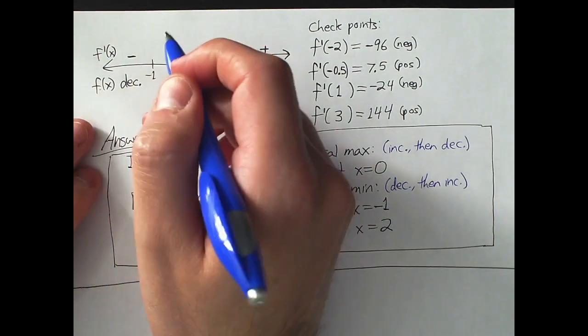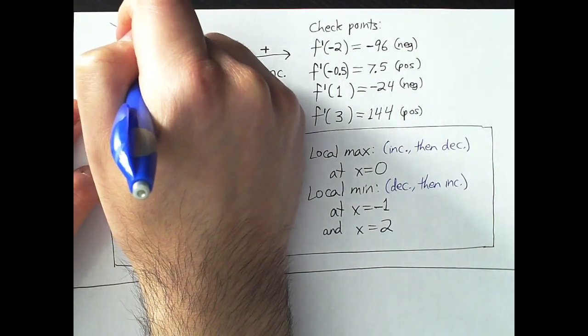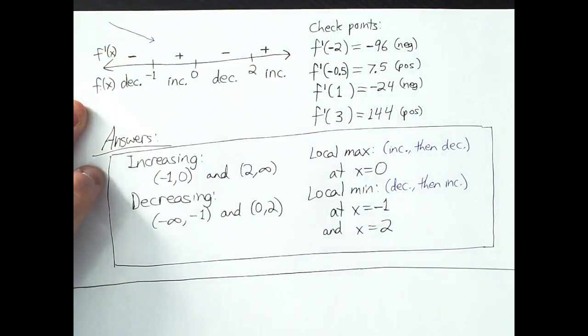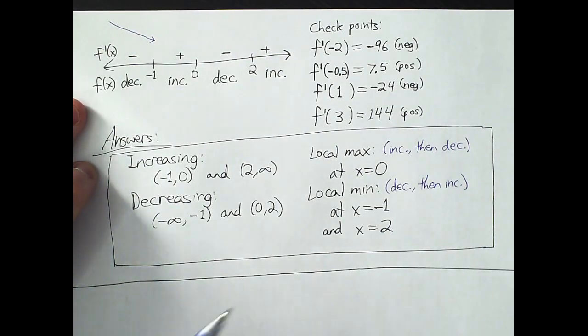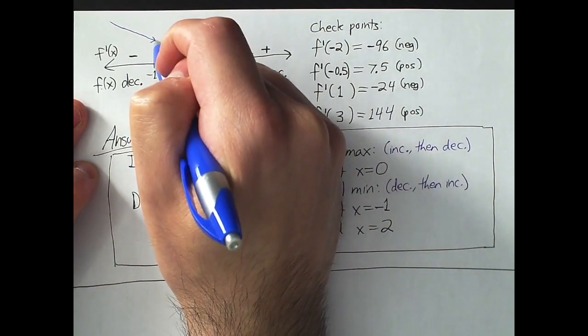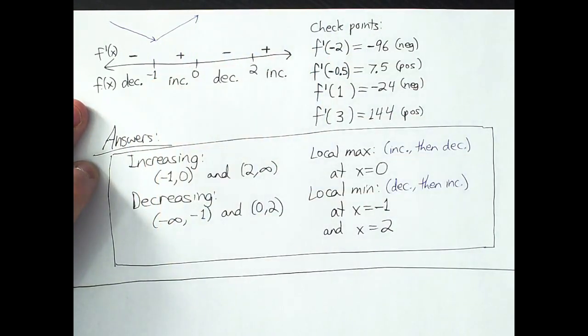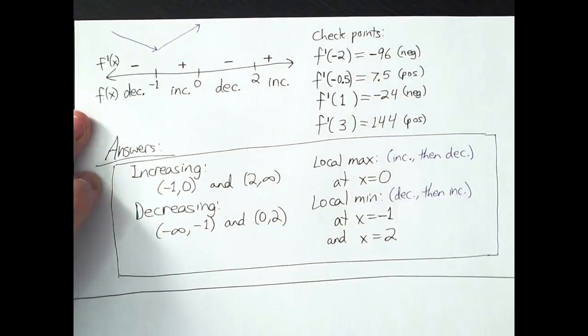So when a function is decreasing, it's on a downward trajectory like that, right? You're going downhill. When a function is increasing, it's going upward like that. Let me zoom in on this.